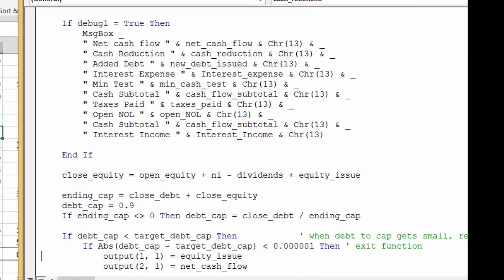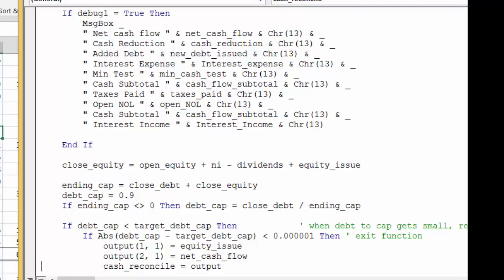So the debt to capital should be, equity is about 0, and debt is high because we have to borrow all this money. So the debt to capital is really high, and then eventually the debt to capital will be less and less until it finishes.